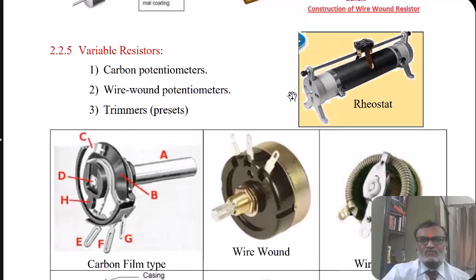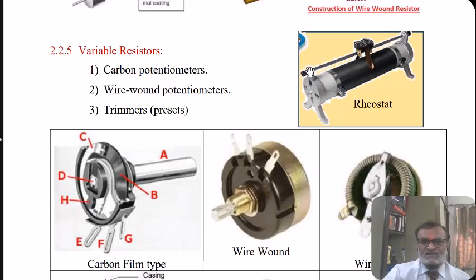The figure here shows the big size, high power variable resistance consisting of three terminals. This is fixed terminal 1, this is fixed terminal 2, and this wiper which is moving on the wound wire between the fixed terminals, that is a variable terminal.